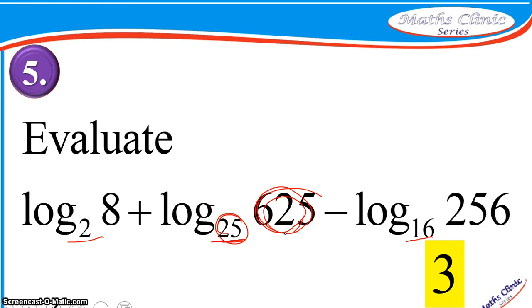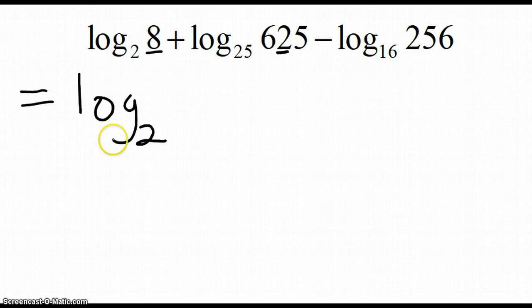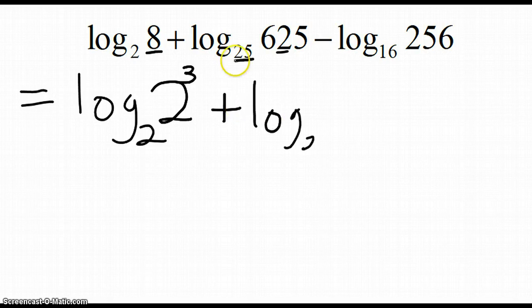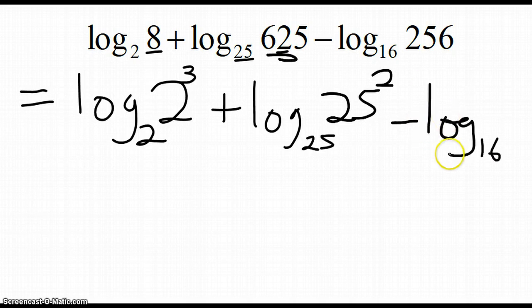Now, this is how I solved mine. In making my work simple, I will choose to change all these numbers to the basis of the logs, so that I can say log base 2, I will change it as 2 exponent 3 plus, here is base 25, so I will change this as 25 to an exponent of 2, and then minus log base 16 also can be 16 exponent 2.